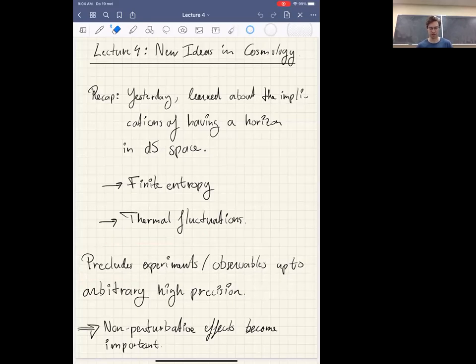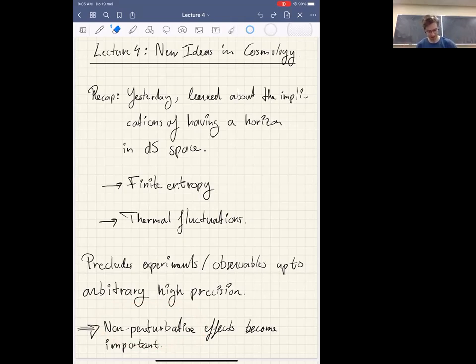In particular, if you're performing an experiment in de Sitter space, at some point non-perturbative effects become important. For example, there are these thermal fluctuations. If you have an experiment that lasts a sufficiently long time, eventually these thermal fluctuations will nucleate a black hole and destroy your spacetime.